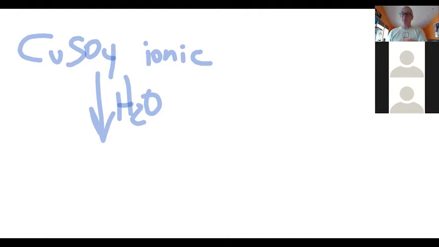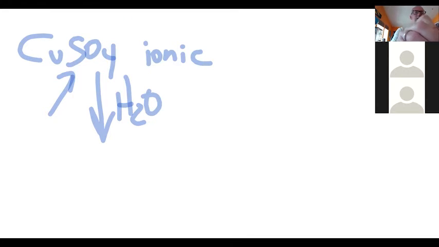So in copper sulfate, which one is the cation and which one is the anion? Sulfur is the cation. Sulfur? Yes. And the oxygen is the anion. Sorry, which is the anion? Oxygen.